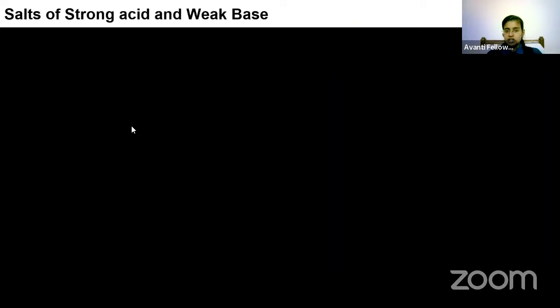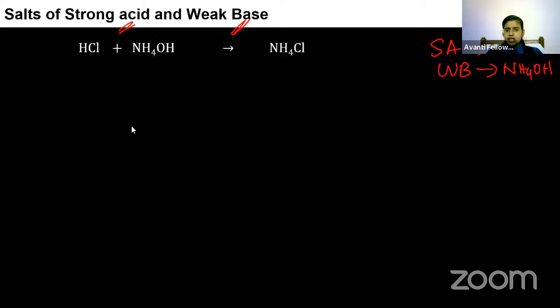Third is salt of strong acid and weak base. So what is an example for strong acid? HCl. And the example for weak base is NH4OH. This is what we have seen, no? So take these two compounds. We will get NH4Cl as a salt, right? If I remove the water, I will get NH4Cl.